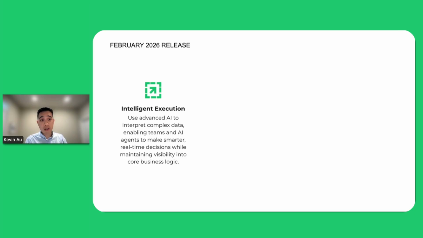Not everyone is ready for a complete handing over of their processes to AI. So the question is, how do we incorporate AI into your existing processes to help you interpret data and enable your teams to work smarter, while maintaining visibility into your core business logic?